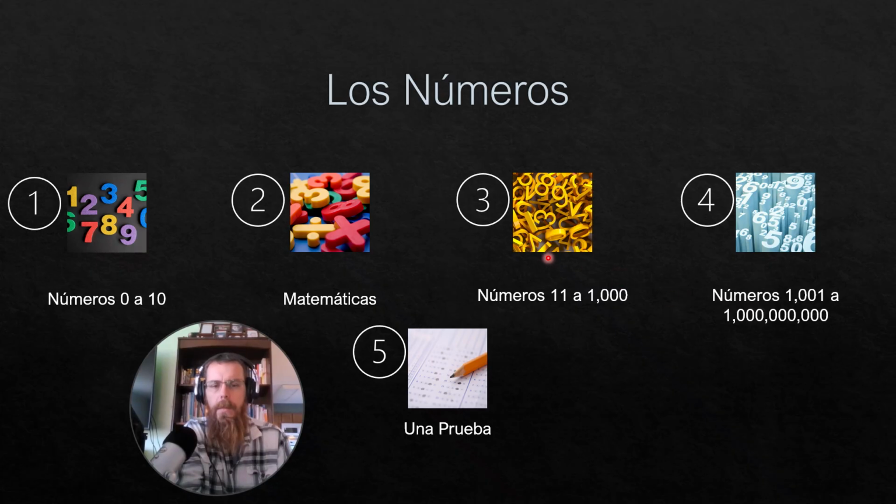So if you don't remember this, we're going to break all these up and go over smaller lessons. If you don't want to watch the entire video, you can always just wait for the lesson to come out and we'll go over this specific lesson. We also went over numbers 1001 to 1 billion.